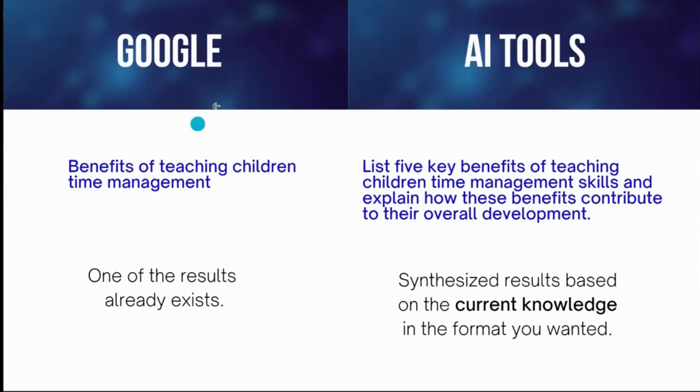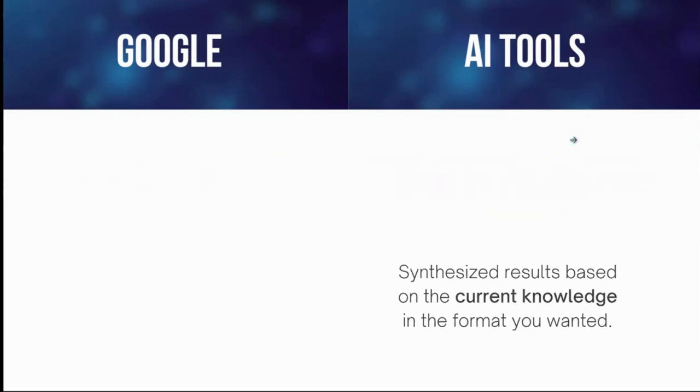So just imagine how much work you have with Google to create an itinerary from Porto to Lisbon, for example, and what you can do with the AI tools. This is the same with your project writing, and I will show a few things about it today.